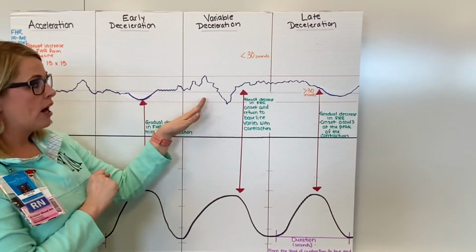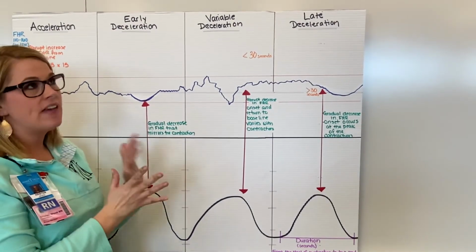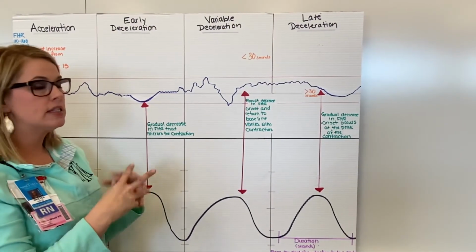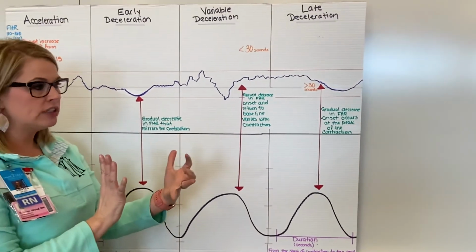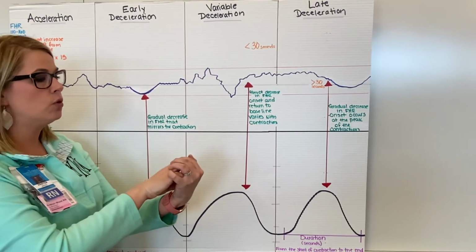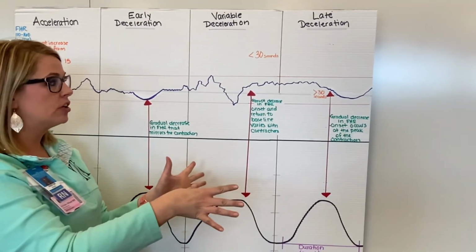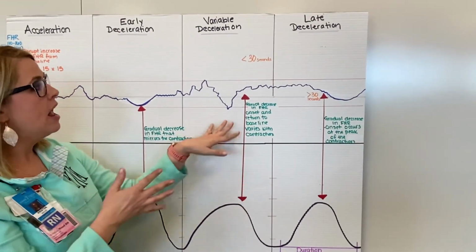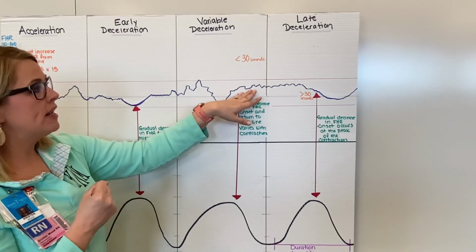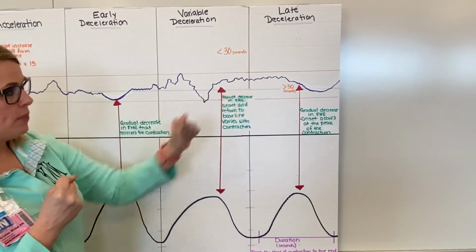This does require an intervention, and the least invasive intervention for a mom is a position change. All right, so you got to think something internally is causing compression on that umbilical cord. We turn our mom to a different side, or maybe put her on her hands and knees, and that relieves the compression on the umbilical cord. And then the heart rate can return to baseline and keep going in labor.